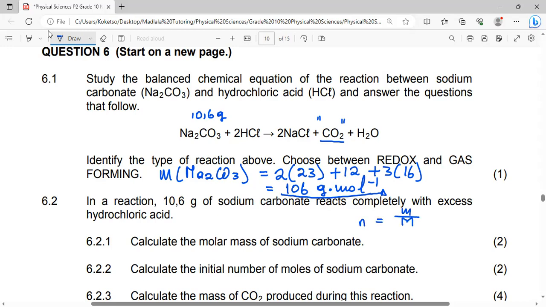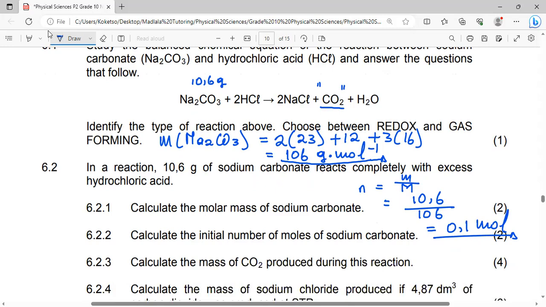The mass of sodium carbonate is 10.6 grams, and the molar mass is 106 grams per mole. So let's see how much we get. We find that the initial number of moles of sodium carbonate is 0.1 moles. Fine.